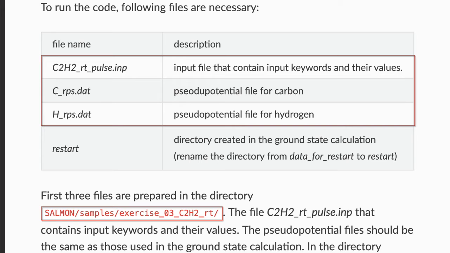C2H2_RT_pulse.inp is an input file. C_RPS.dat and H_RPS.dat are files of pseudopotentials of the carbon atom and hydrogen atom respectively. These were used earlier in the ground state calculations.